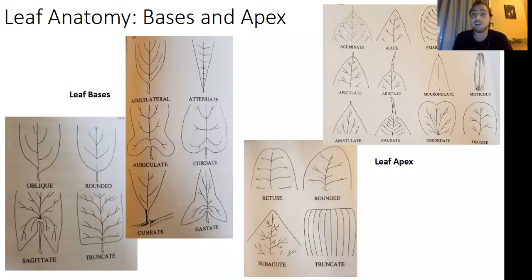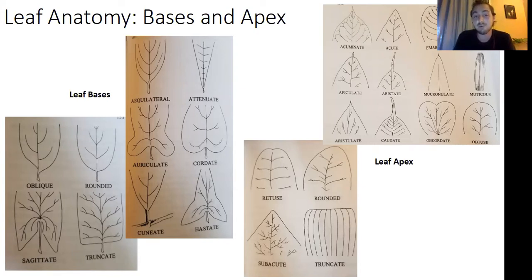This is very apparent in our elms. We have rounded, which is typical. We have cordate, which is heart-shaped, or cuneate, which is also pretty typical, which just means narrowly triangular at the base. For the apex, I want to highlight acuminate, which just means the leaf is basically pinched to a tip.